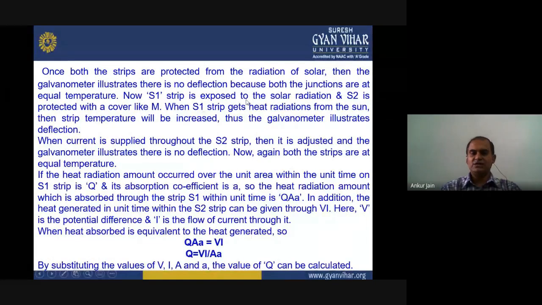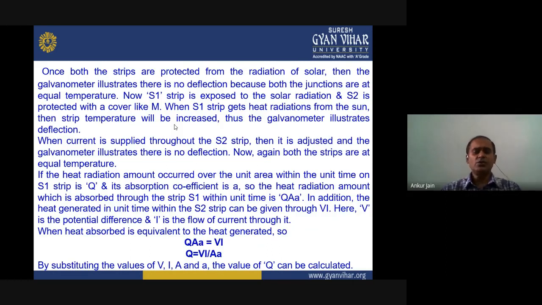Now, as one strip is exposed to the solar radiation, while the S2 strip is protected with a cover like M, when the S1 strip gets heat radiation from the sun, the strip temperature will increase, and if the S2 strip temperature remains the same, then there should be some deflection in the galvanometer.